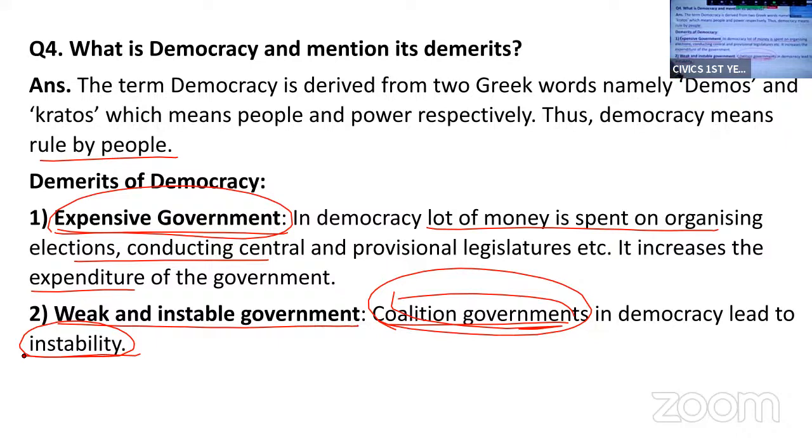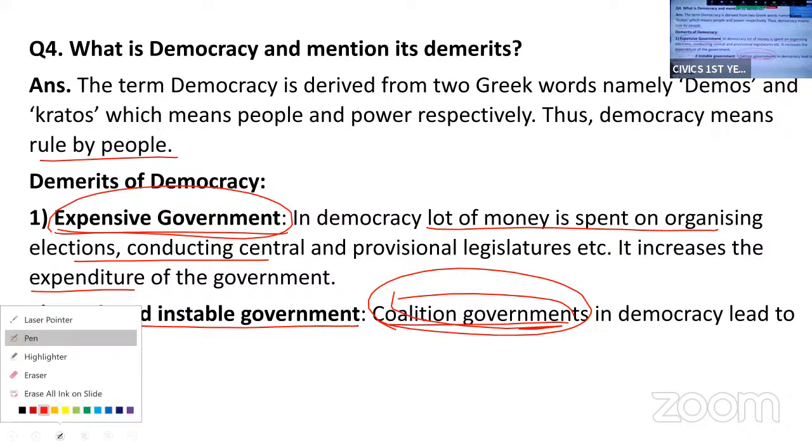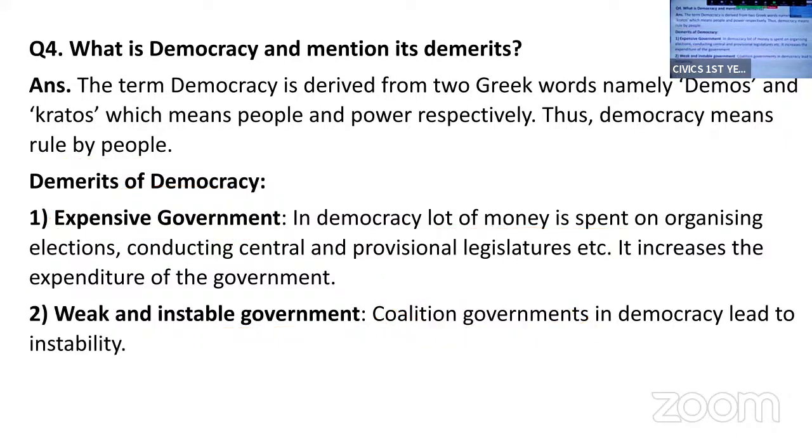That is why we are saying that it is an unstable government. So the first demerit is that it is an expensive government, and the next is that it is weak and unstable. If it is a coalition government, we cannot assure that it will complete five years of tenure.